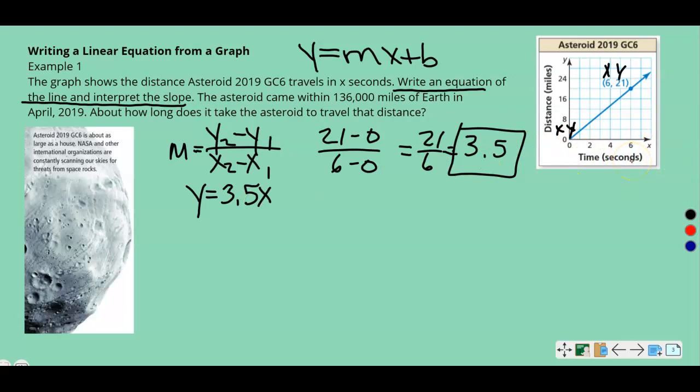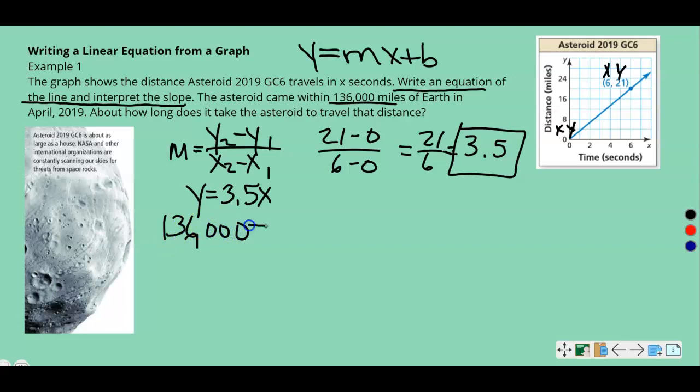All right, so the next part says the asteroid came within 136,000 miles of Earth in April 2019. About how long does it take the asteroid to travel that distance? All right, so we can see that distance in miles, that's your y value. It's on the y-axis. So we're going to take this 136,000 and substitute that in for y.